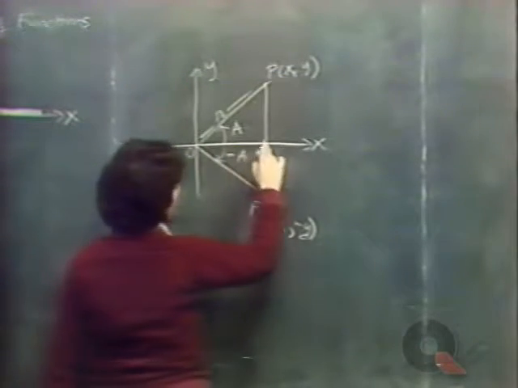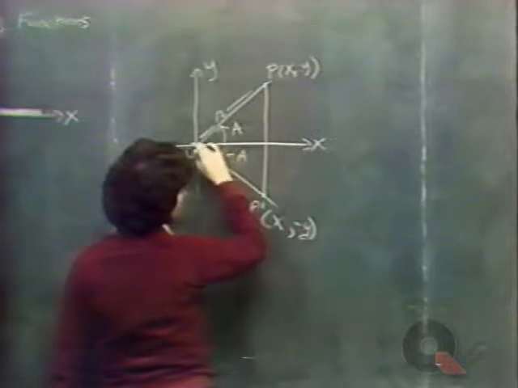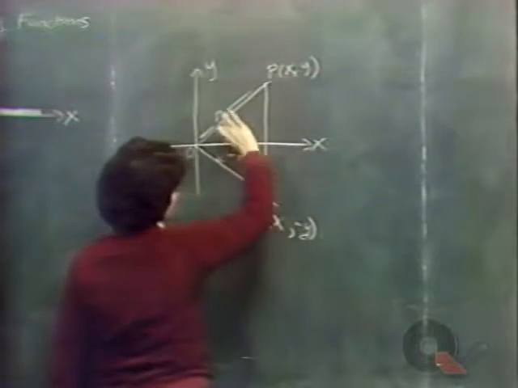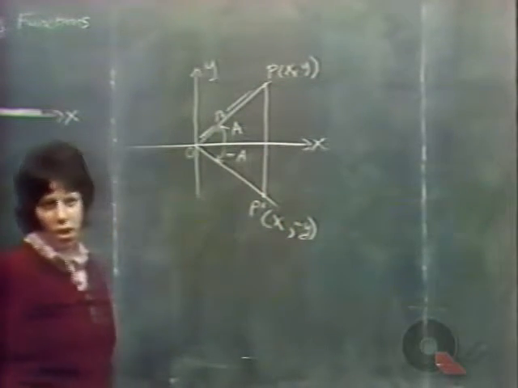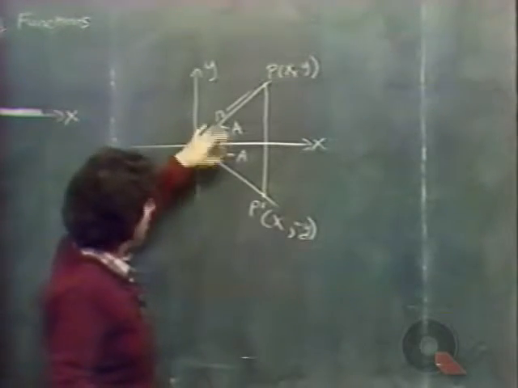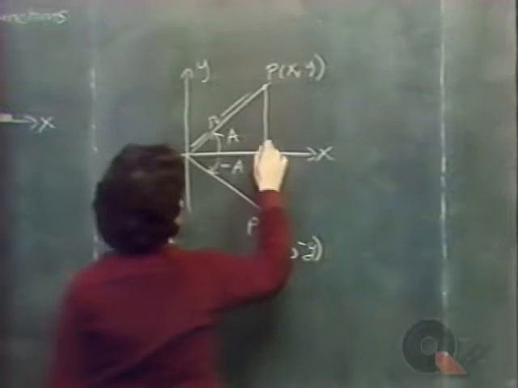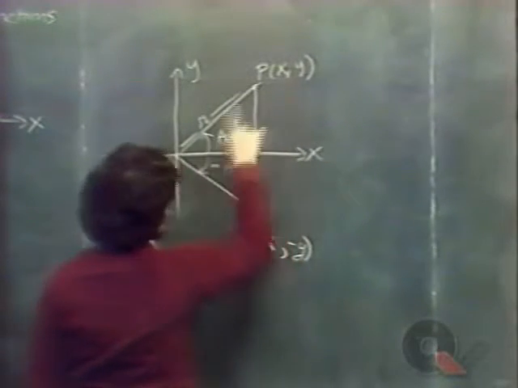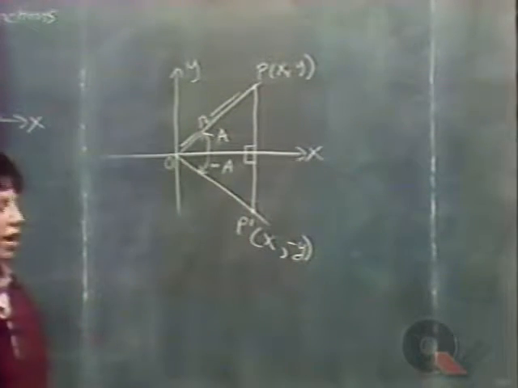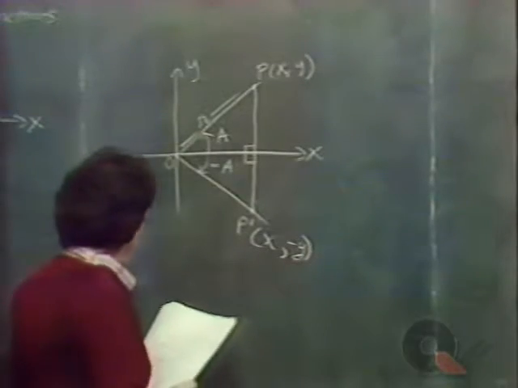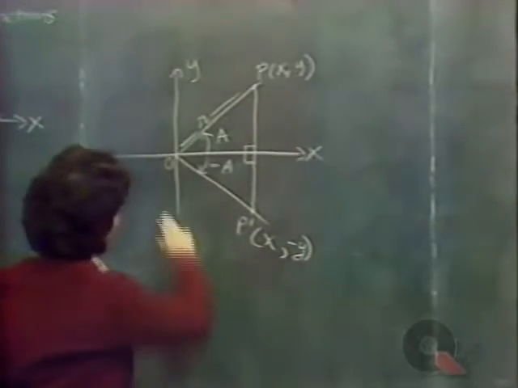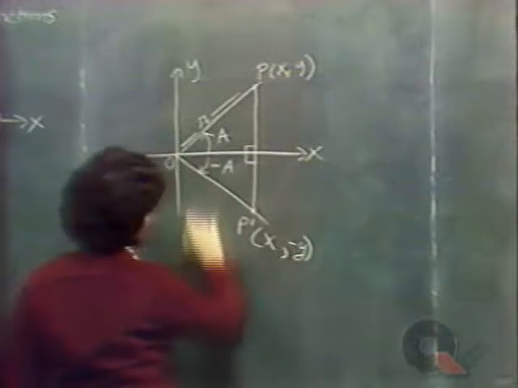If this is x over and y up, this must be x over and y down, since these angles basically have the same size, they're just being generated by opposite rotations. Furthermore, you could show very easily that these 2 triangles are congruent. That's how you would go about working this. These 2 triangles are exactly the same size and the same shape.